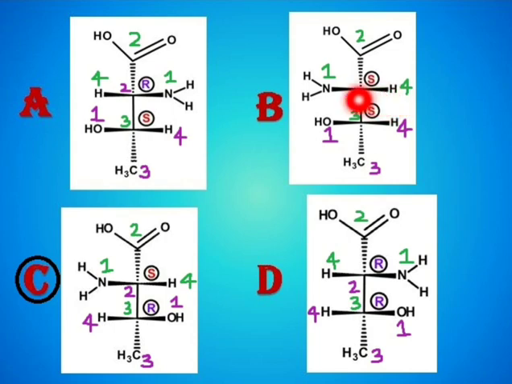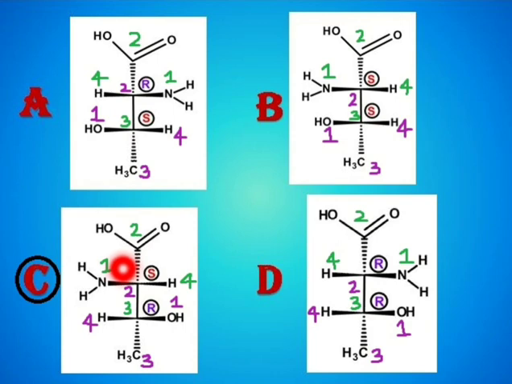The group 4 is on the vertical, so the absolute configuration is S. For the third carbon, again from 1 to 2 to 3 it is clockwise, so it should be R, but it is S because the fourth priority group is on the vertical bond or the wedge bond. So this is 2S, 3S. Again this is incorrect.